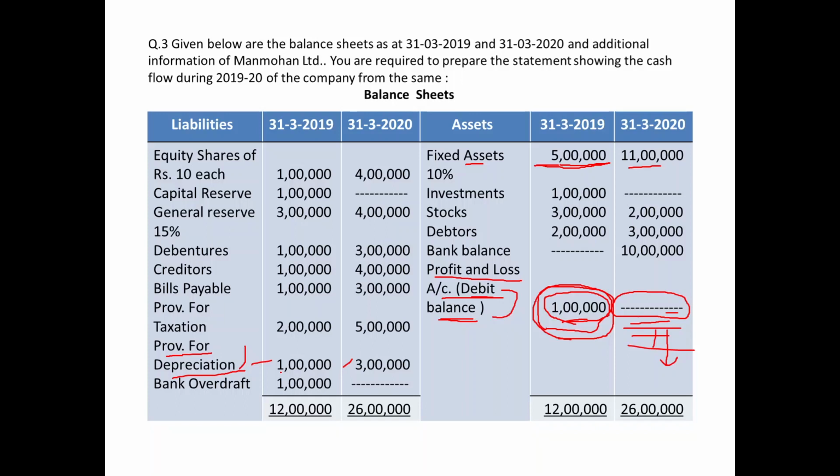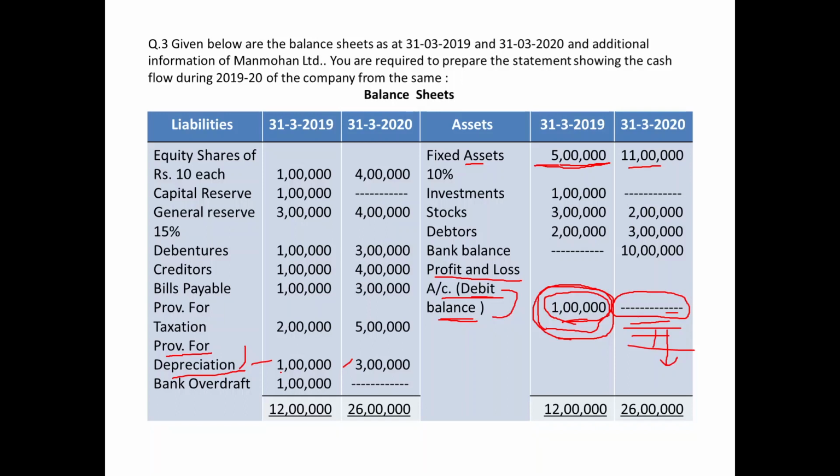By doing that, you have eliminated the original cost of that fixed asset which has been sold or discarded in the current year from the fixed assets account, and you have also eliminated the total accumulated depreciation of that fixed asset which has been sold or discarded in the current year due to obsolescence from the balance of depreciation fund account.